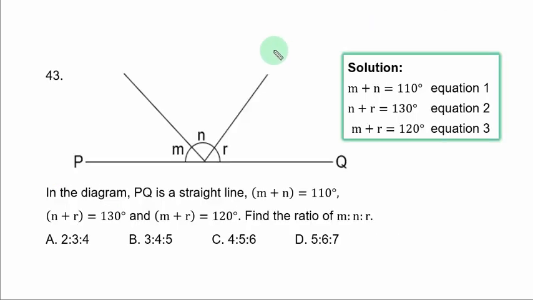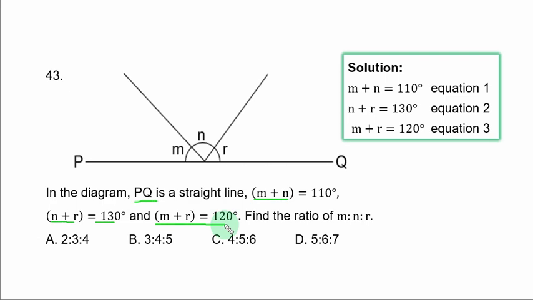Question 43. In the diagram, PQ is a straight line. M plus N is equal to 110 degrees. N plus arrow is equal to 130 degrees, and M plus arrow equal to 120 degrees.